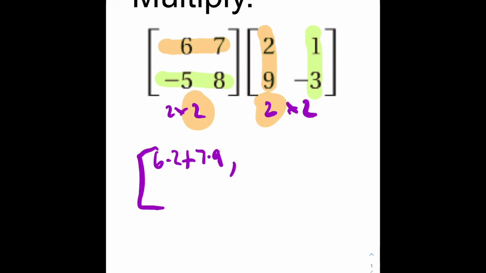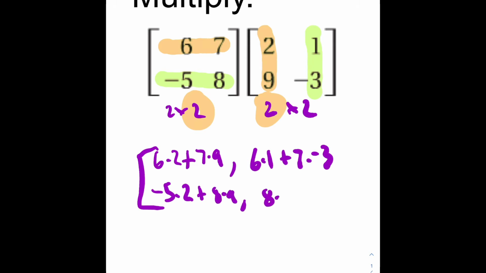And then I have to take this first row again and multiply it by the second column as well. So I'm going to do 6 times 1 plus 7 times -3. And then I'm going to look at my second row and say, all right, -5 times 2 plus 8 times 9, and then -5 times 1 plus 8 times -3.